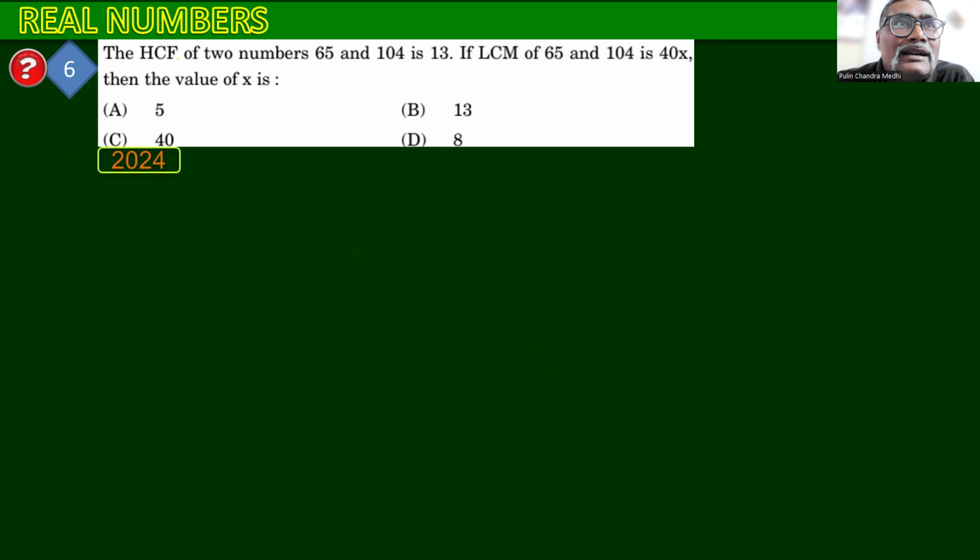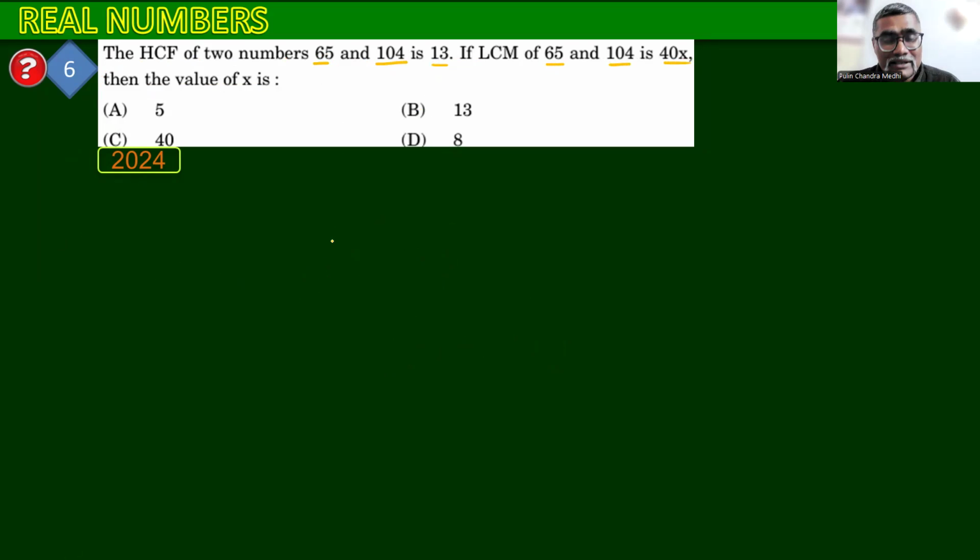Okay. HCF of two numbers 65 and 104 is 13. LCM of 65 and 104 is 40x. You need to find the value of x. So very good. We use that same thing.